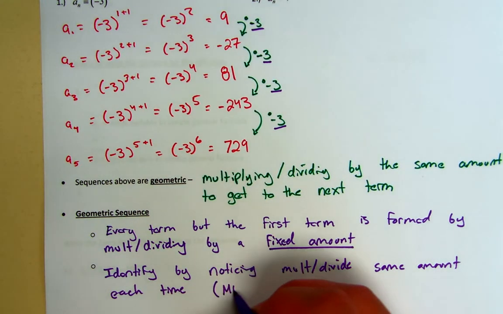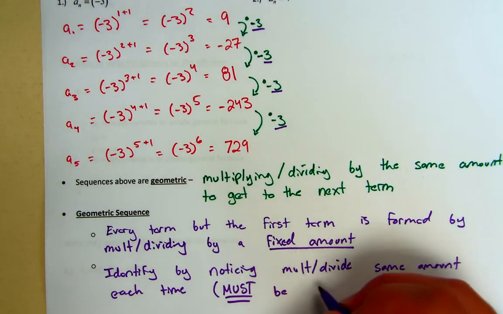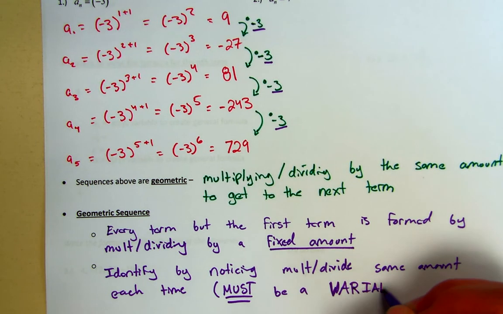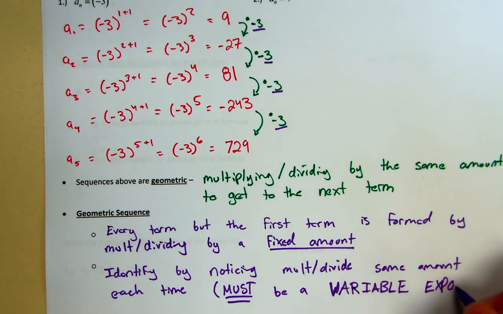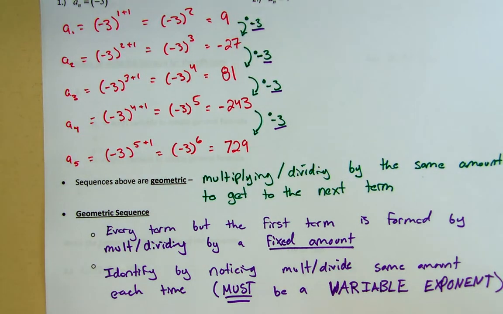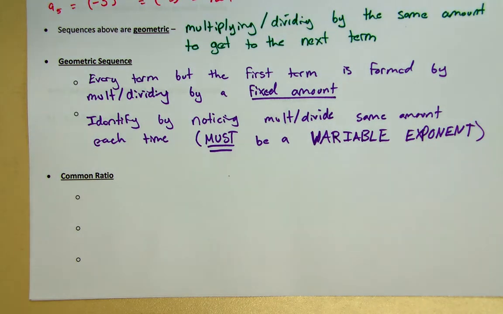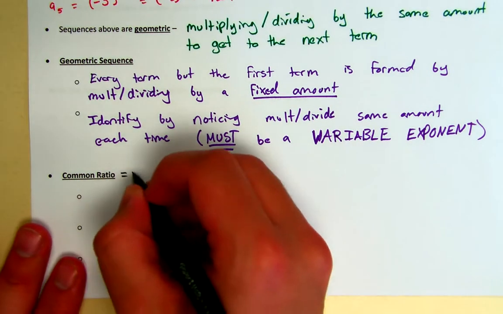Another thing is we must, absolutely must, have or be a variable exponent. So there has to be a variable exponent in order to be geometric. So, what is this fixed amount? The fixed amount is your common ratio, which we call r.